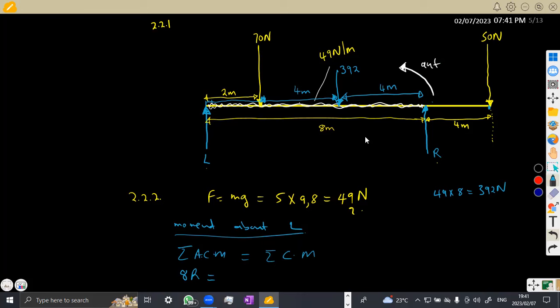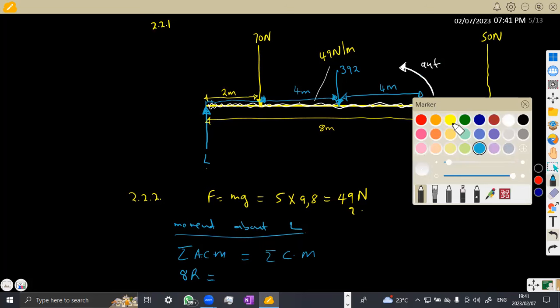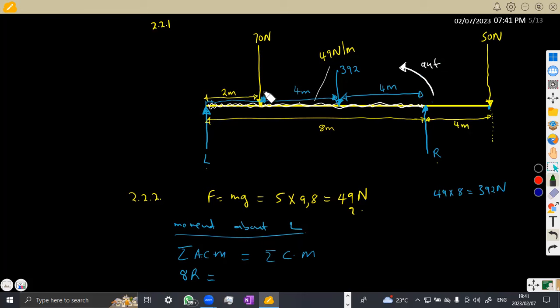Okay, so take note, we do not have any other force that is going in an anti-clockwise. So the rest of these forces that we have are in the clockwise, referring to the 70 Newton here. This 70 is going to be taken back to L. The 392 here is going to be taken back to L. The 50 Newton is going to be taken back to L. So these are in the clockwise direction.